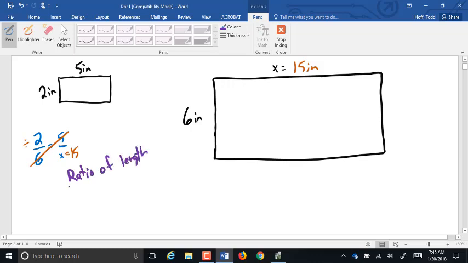So what we just did there was a ratio of lengths. It was 2 to 6. Or if I reduce it, 1 to 3. What's the area of this figure up here? 10 inches squared. 2 times 5, 2 inches times 5 inches is 10 square inches. What's the area of this figure? Yeah, 90 square inches.